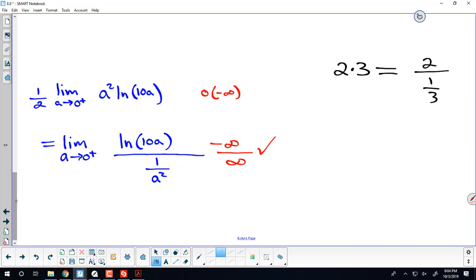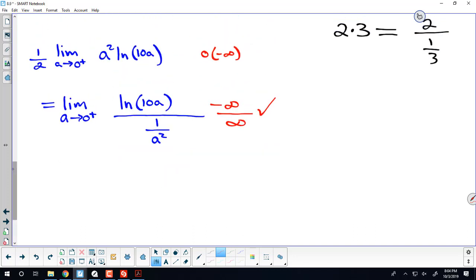So then we apply L'Hopital's rule. Take the derivative of the top divided by the derivative of the bottom. We indicate with an H above the equal sign that we've applied L'Hopital's rule.